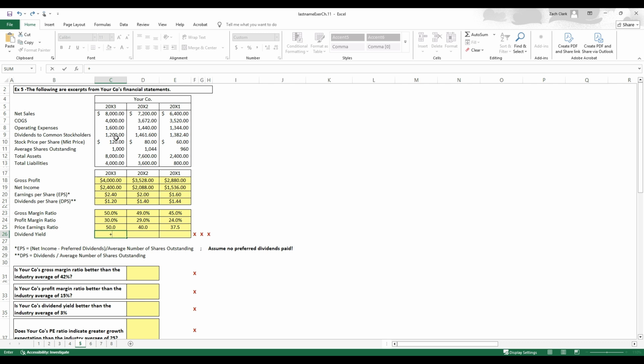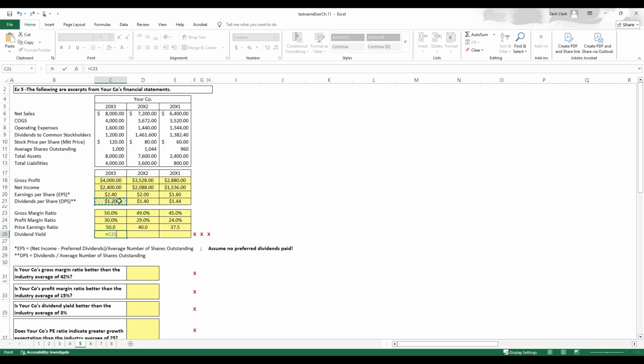So if we say that there was 1,200, see, it does a weird thing. It starts doing percentages, kind of messes up. So 1,200 dividends to common stockholders, but we want to see per share. Do we have dividends? Oh, we have dividends. Yeah, sorry, dividends per share is right there.